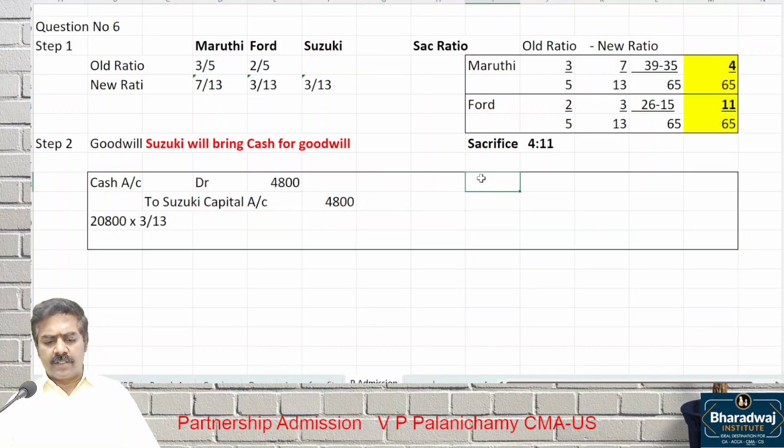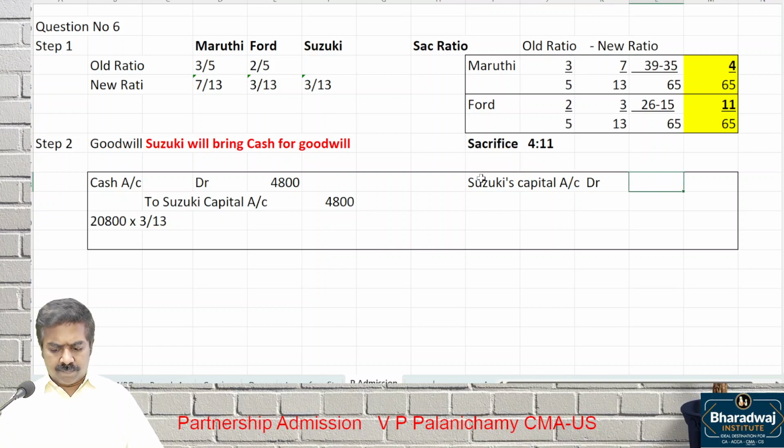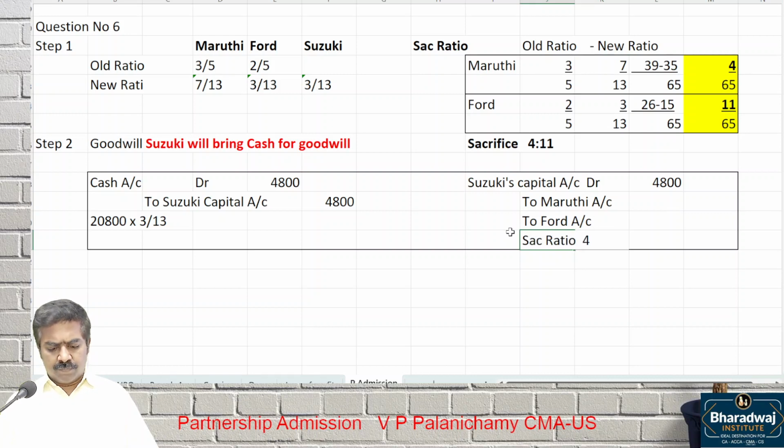What is the entry you will pass? To Maruti and Ford. What is the sacrificing ratio? 4 is to 11. In this 4 is to 11 ratio, you have to adjust.